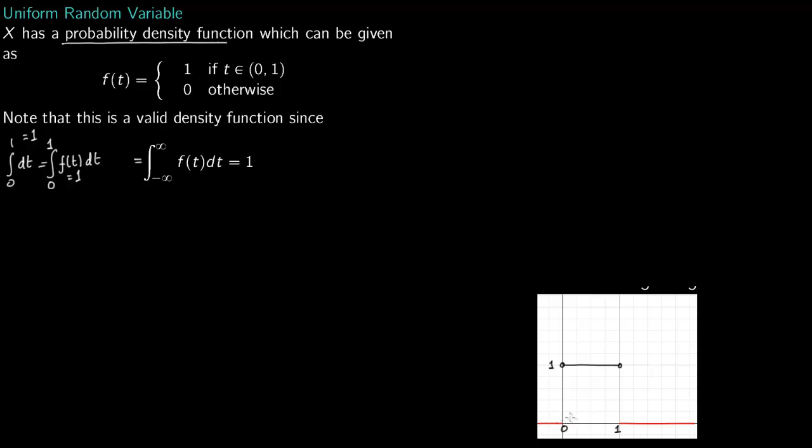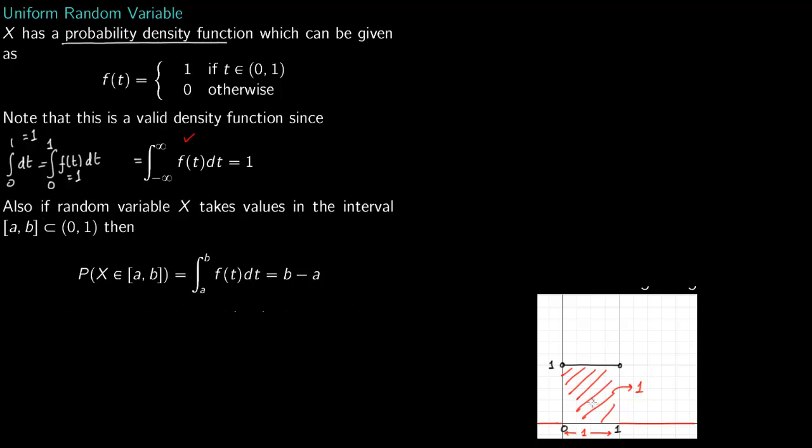And you can see the area under here is 1. The base is 1, and the height is also 1. So the area of this rectangle is 1. And that is what integration also tells us, that this would be 1.